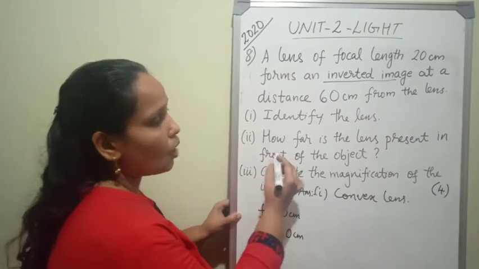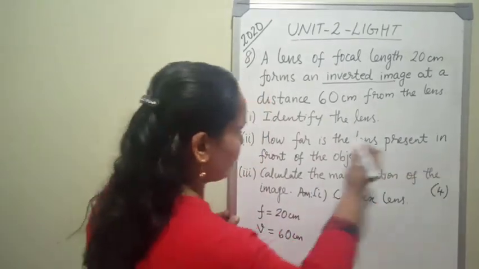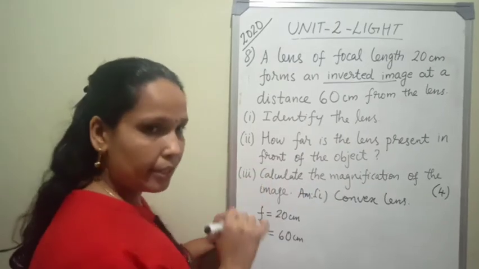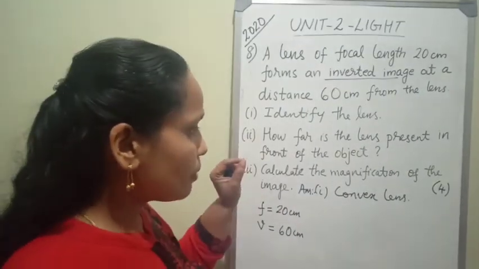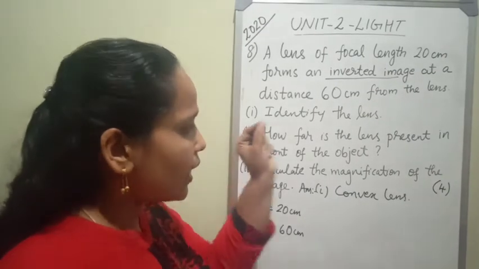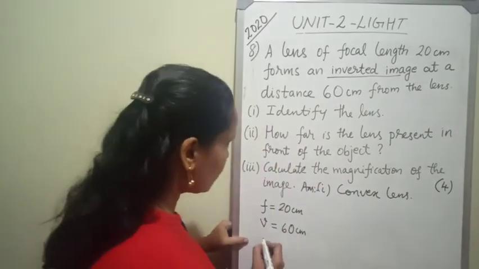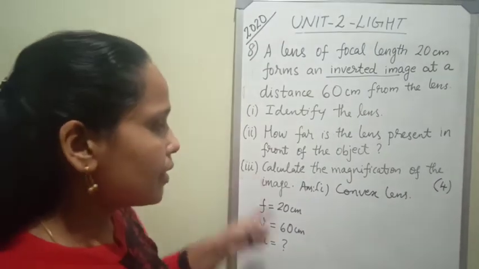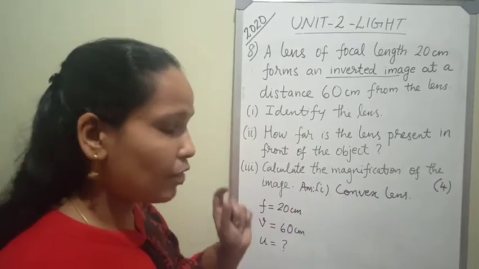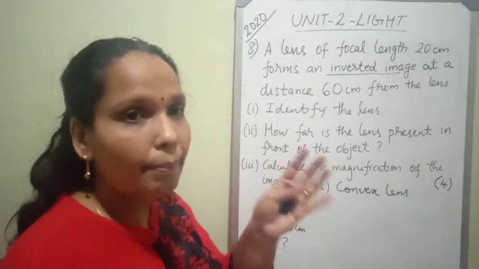Second part, how far is the lens present in front of the object? What is the meaning of that? U we have to find. What is the distance between the object and the lens? Okay, that is U. We have to find U. Here since it is a convex lens, we know the sign convention. We have to apply the signs.